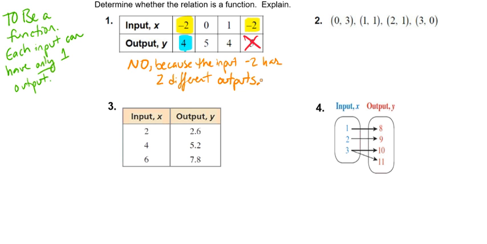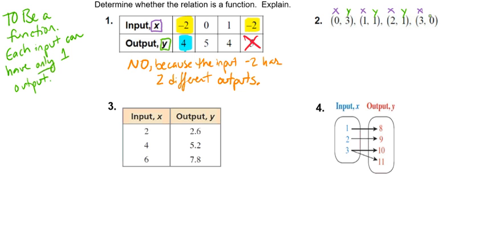So remember, this one's not really in the form of a table of values, but we still have inputs and outputs. Because if we remember from our table, our input is our x value, and our output is our y value. So here we can go through and mark all of our x's, and we can mark all of our y's.